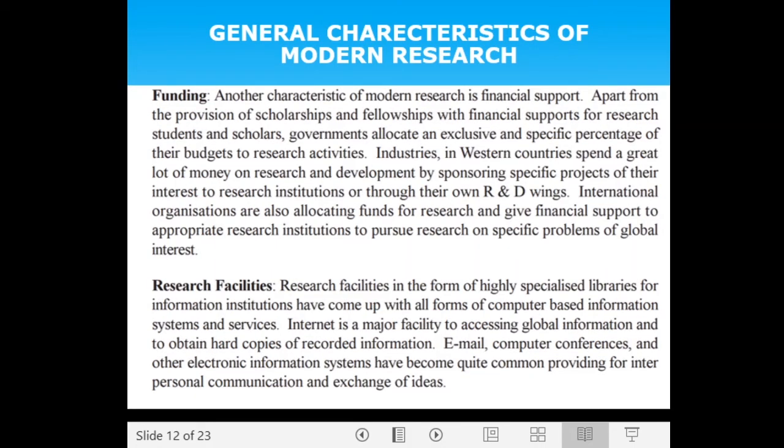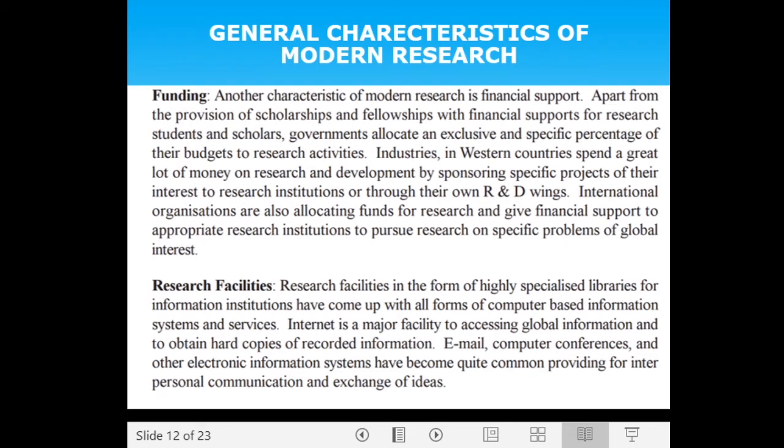And funding, as I told earlier, there are many funding agencies. If there is a good research project, you can send the proposal to a funding agency. They will give money to conduct the whole research, because as an individual, you cannot conduct an exhaustive research. You cannot analyze everyone. As an individual, you can analyze only a limited area.